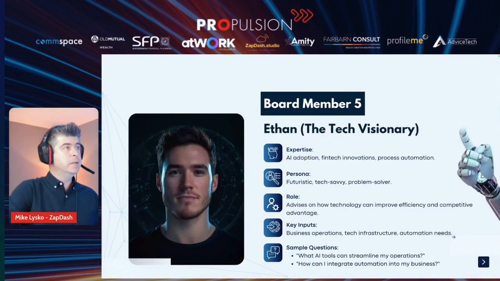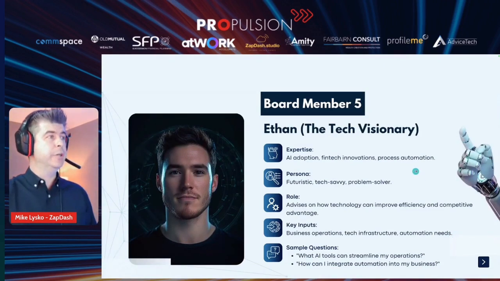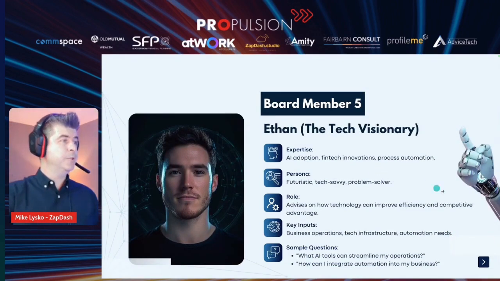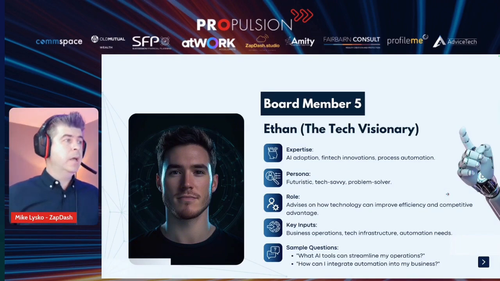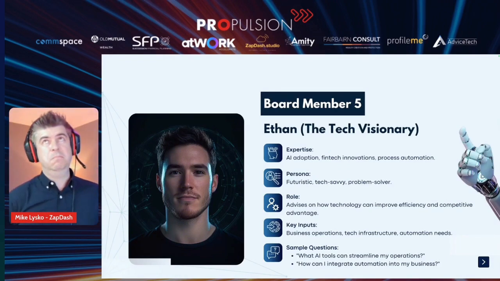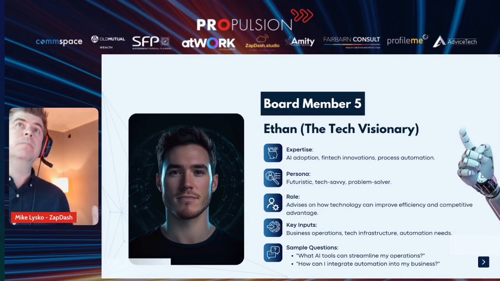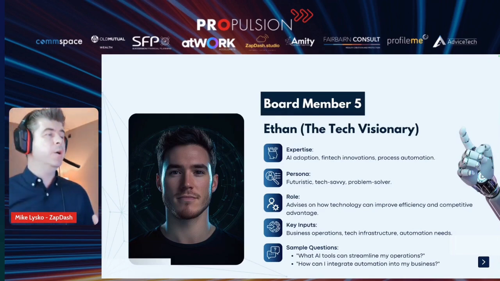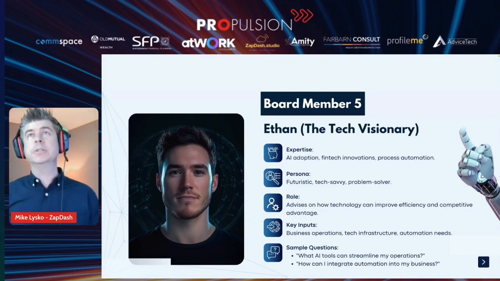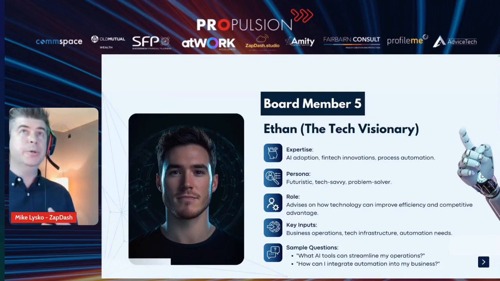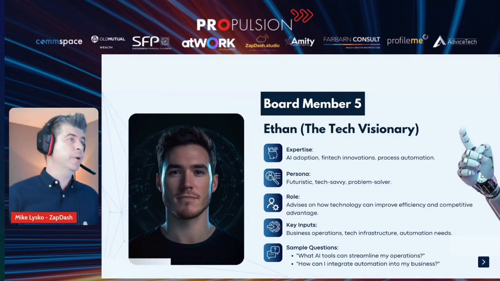All right, then we've got Ethan. He is the tech visionary. Ethan helps me specifically with automation tips, tools to use, also how the processes can be structured. If you do want some code as well, you can actually get that code to a certain degree.